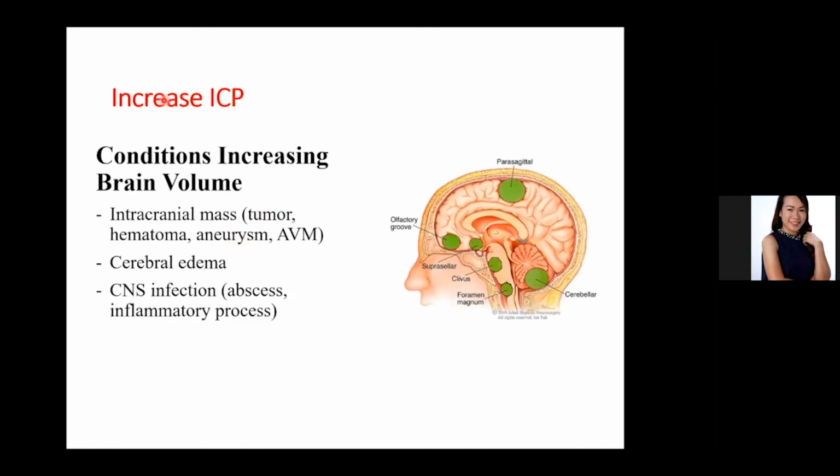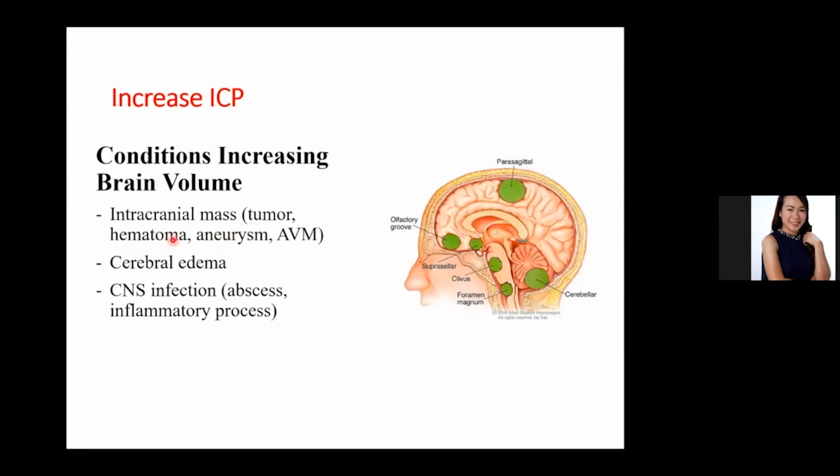Okay, now there are different scenarios or conditions increasing intracranial pressure. The first one includes conditions increasing blood volume. Okay, so these conditions are very, very important to take note. So first we have your intracranial mass or tumor.